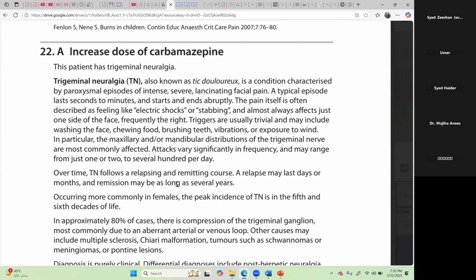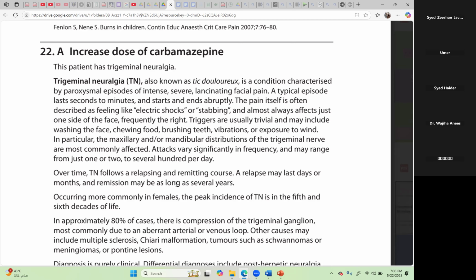It's paroxysmal episodes of intense, severe, lancinating facial pain. Same words you can use in your viva as well. A typical episode lasts seconds to minutes and starts and ends abruptly, insidiously occurred and insidiously gone.